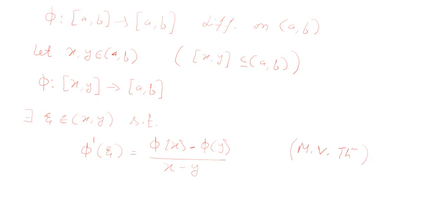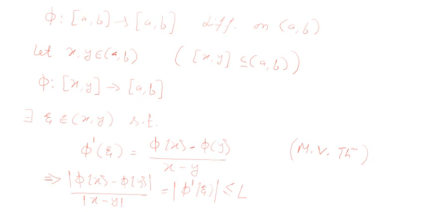Now this implies mod of phi of x minus phi of y divided by mod of x minus y is equal to mod of phi dash of z, and z belongs to the open interval (x, y) and hence to the open interval AB, so by the condition this is less than or equal to L, which belongs to (0, 1).